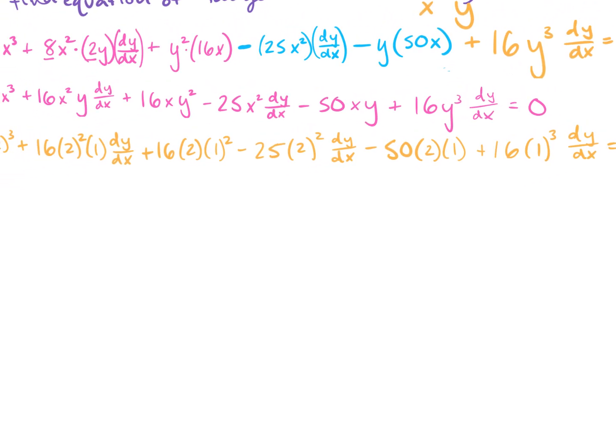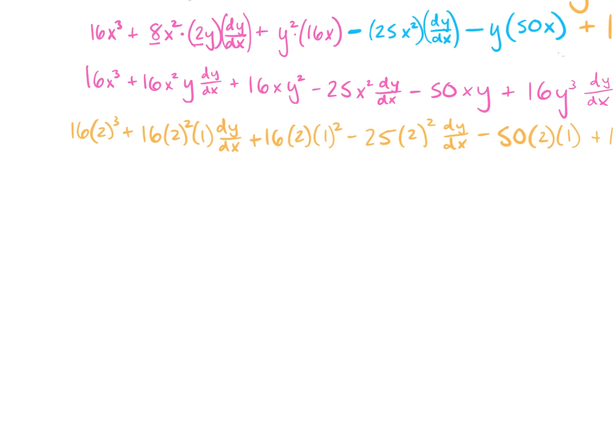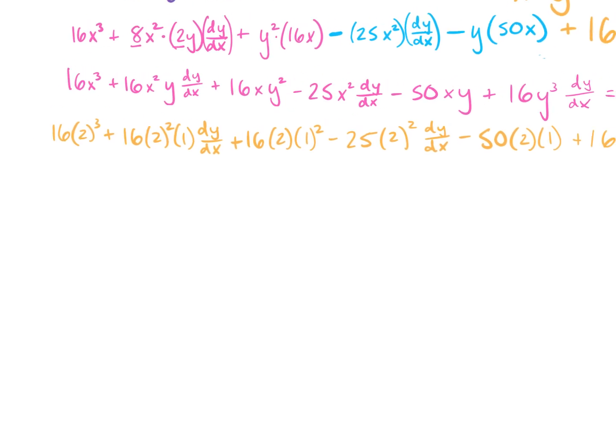From here we just have to do the math. 2 cubed would be 8, and 8 times 16 is 128. Plus 2 squared is 4 times 16 would be 64 dy/dx.